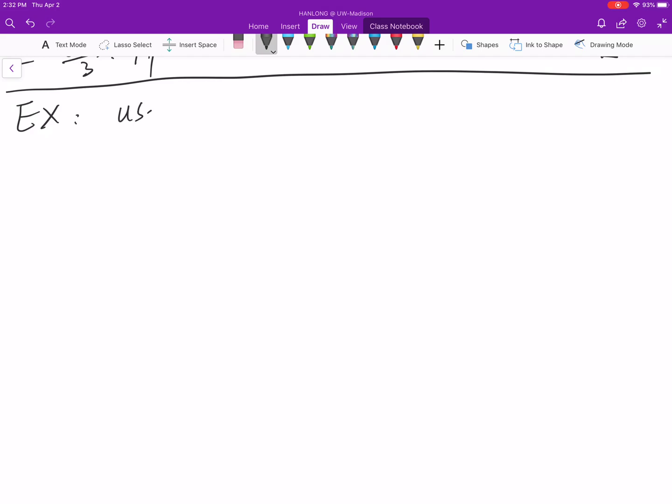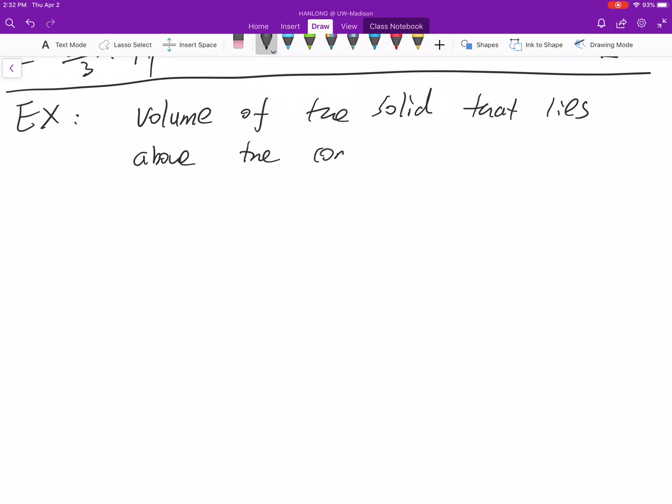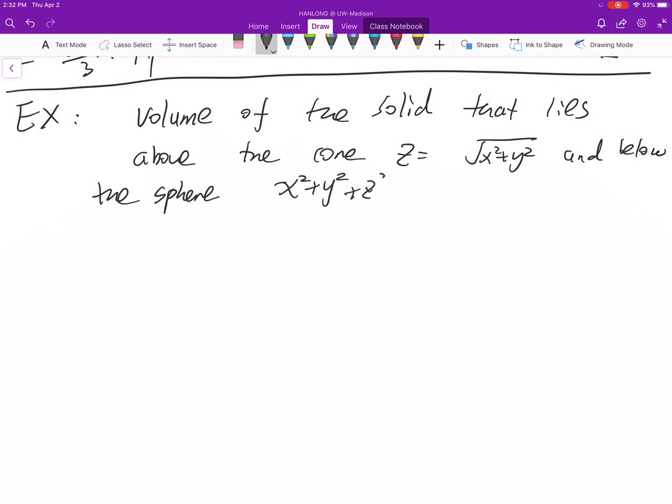Next, let's look at the type 1 domain case. Suppose we are using spherical coordinates to calculate the volume of the solid that lies above the cone z equals square root of x squared plus y squared and below the sphere x squared plus y squared plus z squared equals z.